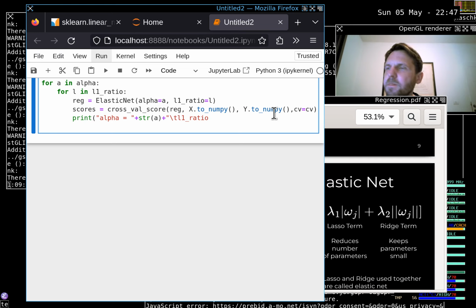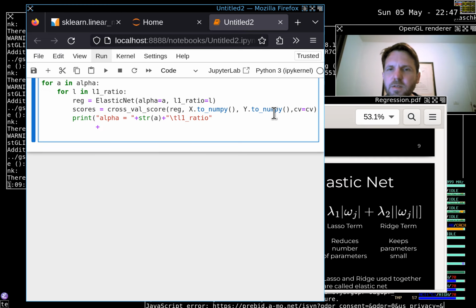Okay, so far so good. I can use here plus, and then I will do the L1 ratio like this. This is then already a string. Let's get a space here, and then we do the scores like this.